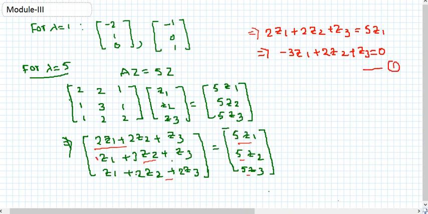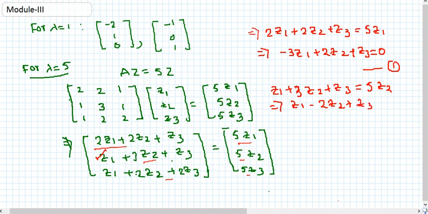From the second entry, Z1 plus 3Z2 plus Z3 equals 5Z2, so we get Z1 minus 2Z2 plus Z3 equals 0, a different equation.